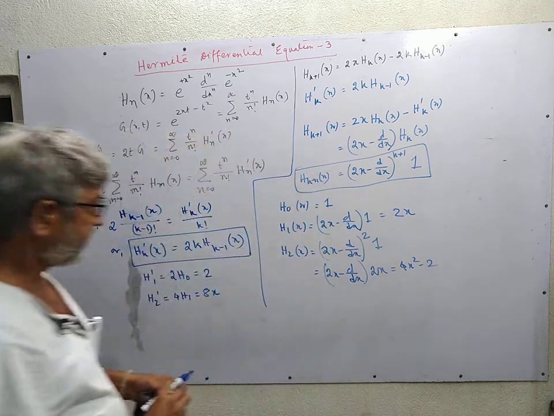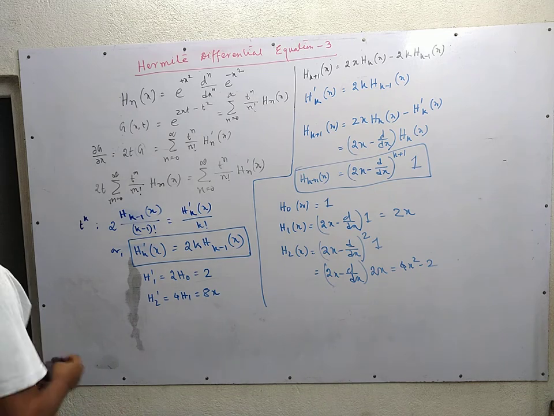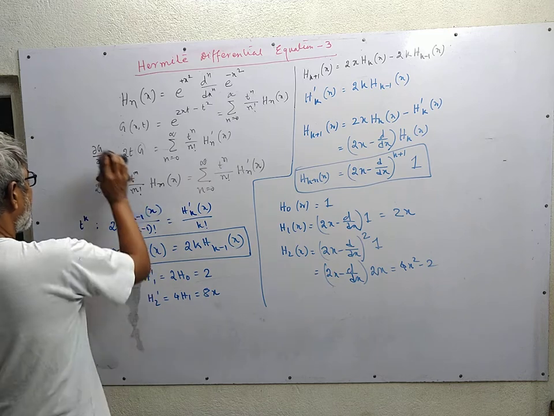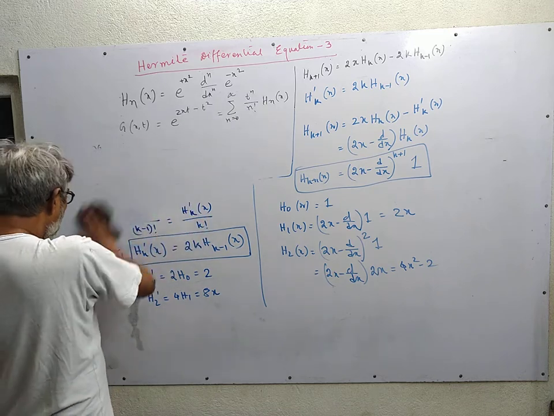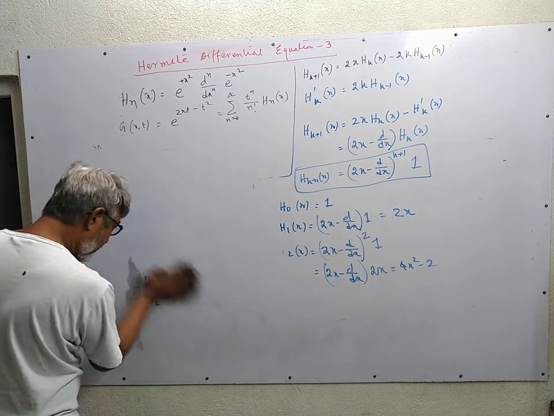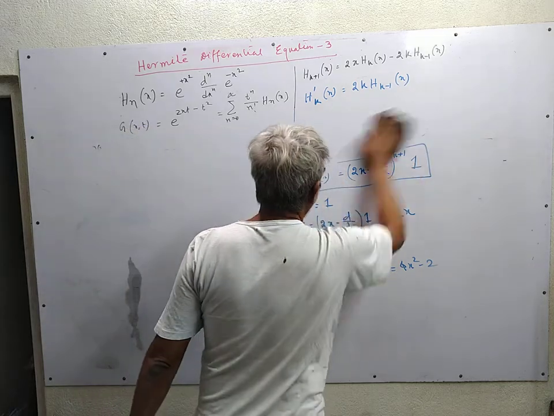Now, these are a few calculations and derivations of the recurrence relations of Hermite polynomial. Now, in the earlier class, we derived the Rodrigues formula by successive differentiation.